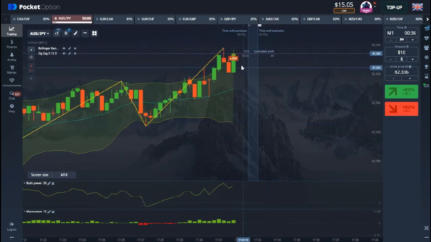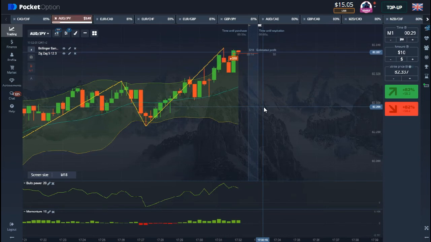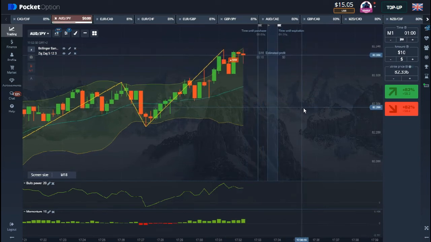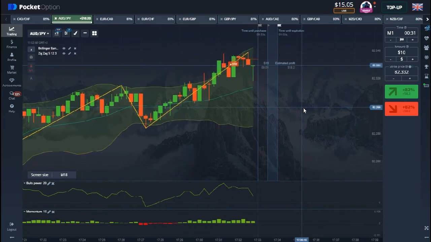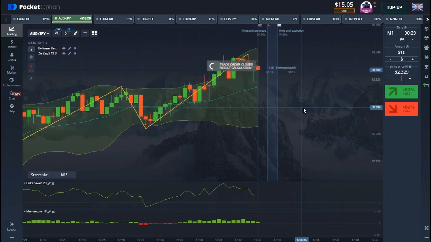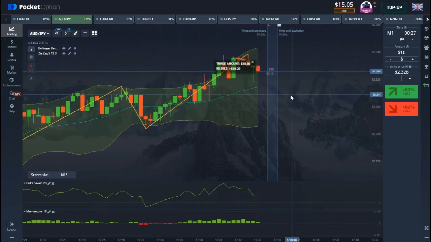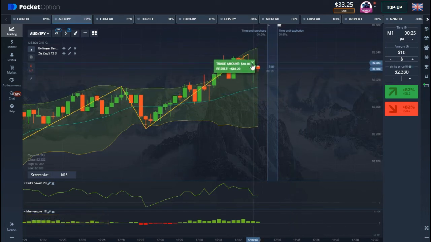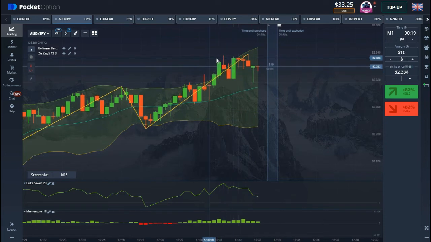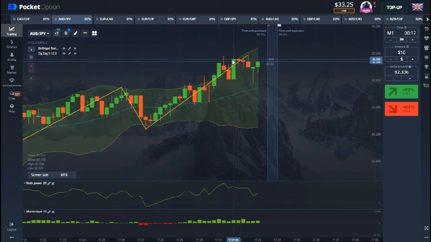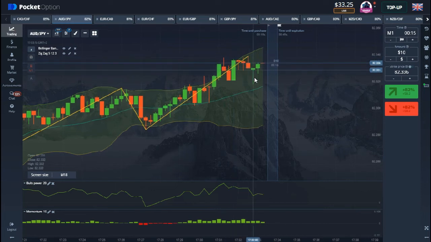I took the trade here for lower because I want to catch the shadow. So let's see the result. I took the trade here because it reached its level, so it goes down sometimes.